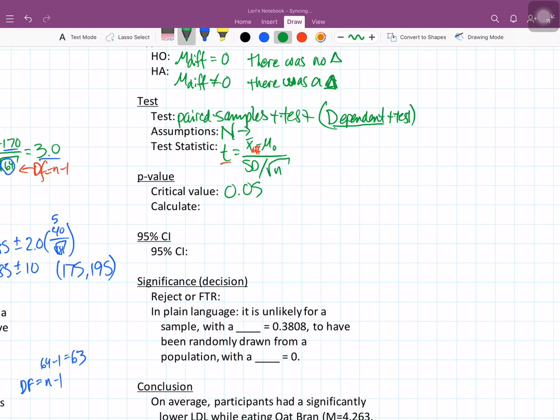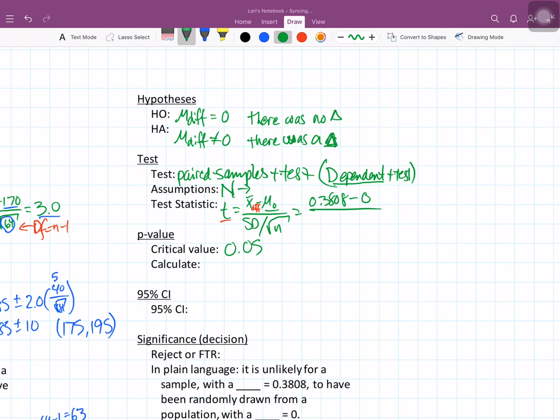So square root of n. This is the x bar of the difference, which is 0.3808. Mu sub naught is almost always equal to 0. So remember, we're testing whether that difference is equal to 0. So that's the 0 right there.